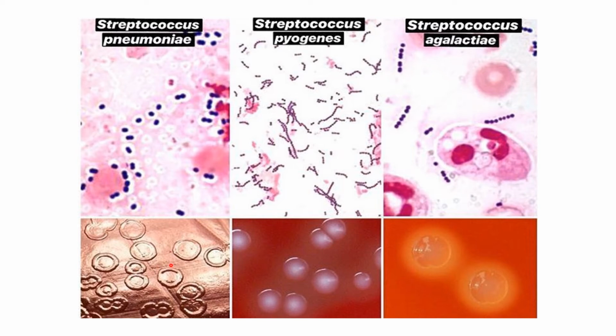This is the appearance under microscope after gram staining. So among these three, we have Streptococcus pyogenes, which are actually all gram positive cocci.